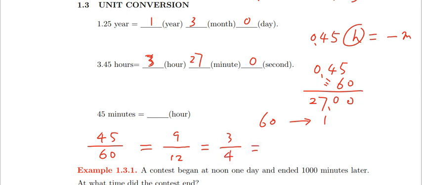Okay, so 3 over 4, we can change 4 to 100 by multiplying by 25, right? So here's 75. So this equals 0.75. So we say 45 minutes is 0.75 hour.